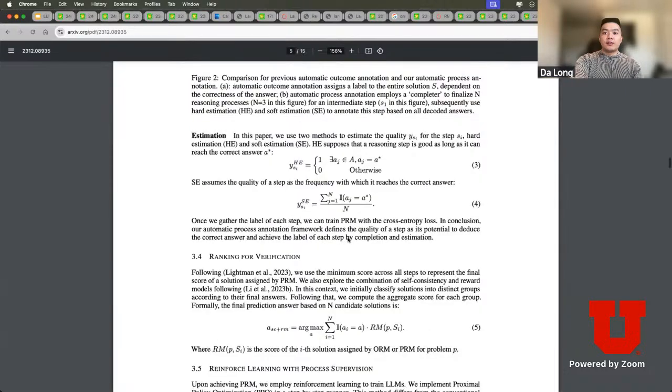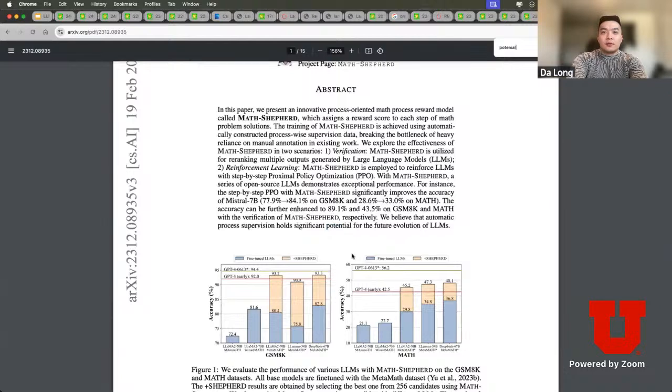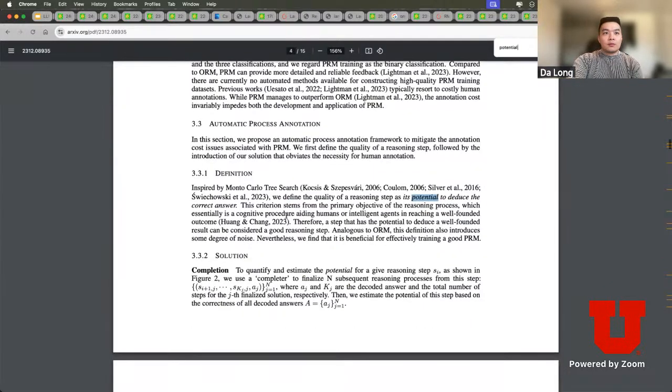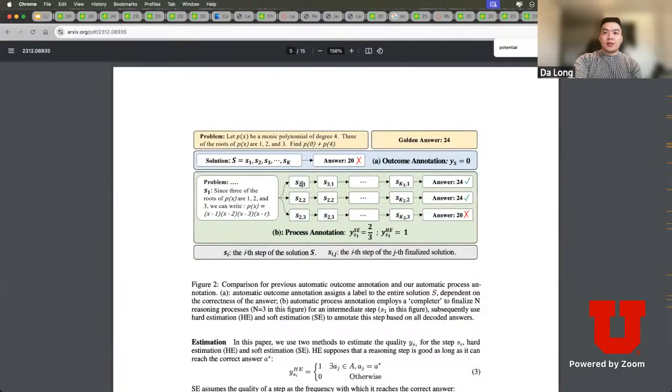So they define the potential as the reasoning step's potential to deduce the correct answer. It means, for example, if they see the step, and then following this step, you can finally get the answer.